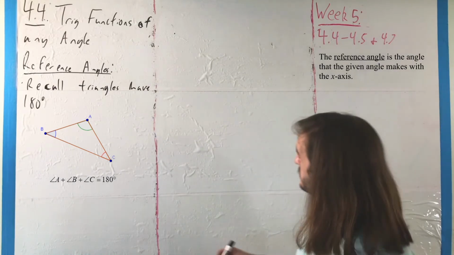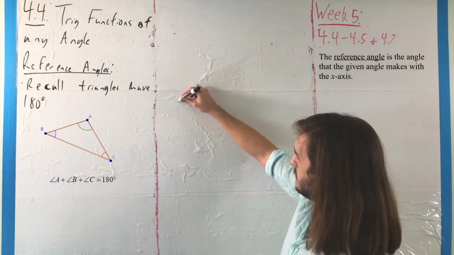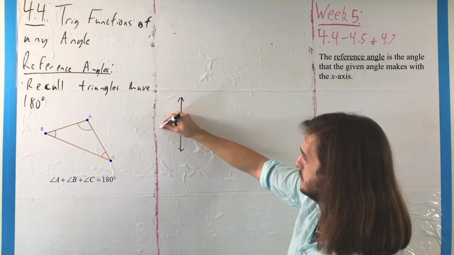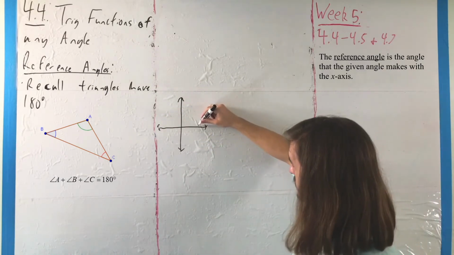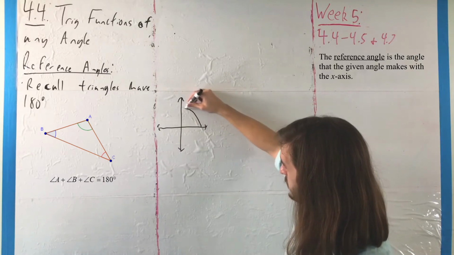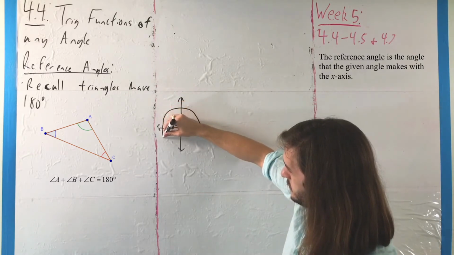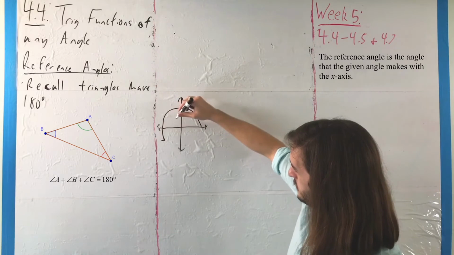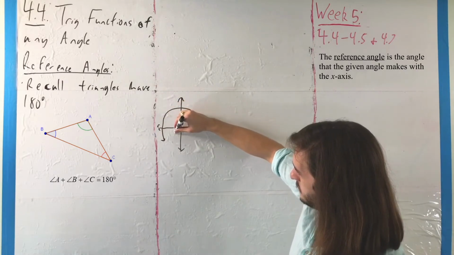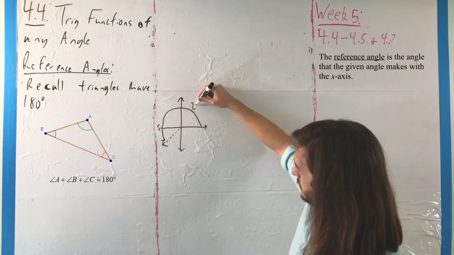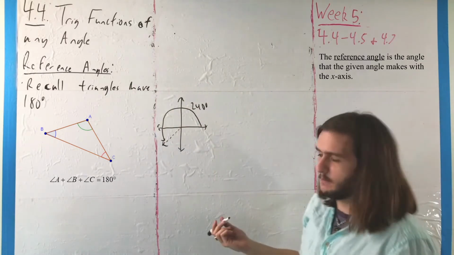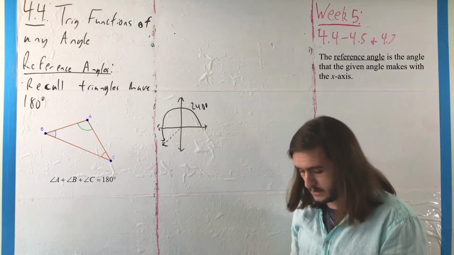So if, for example, I'm trying to talk about an angle with measure, let's say, 240 degrees, well, you can't make a right triangle out of that, obviously.